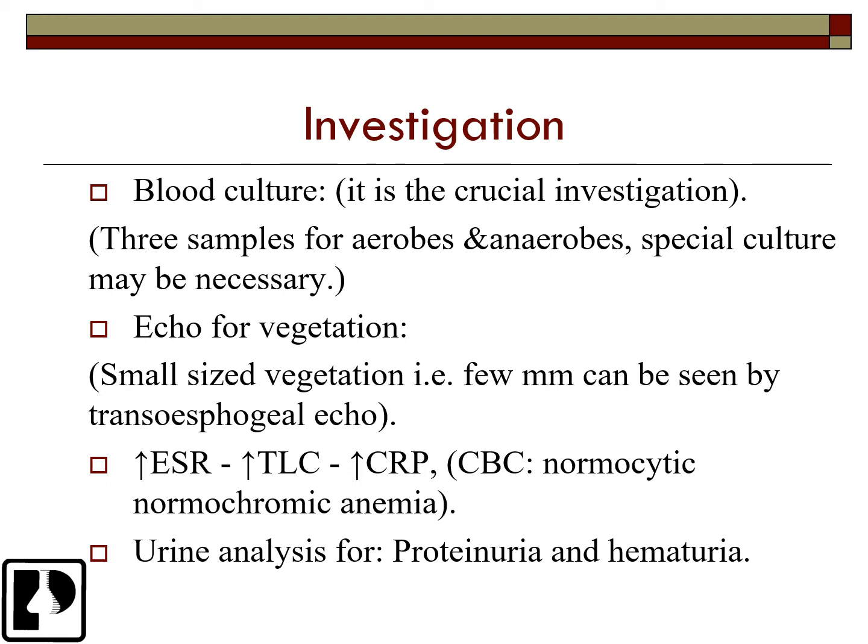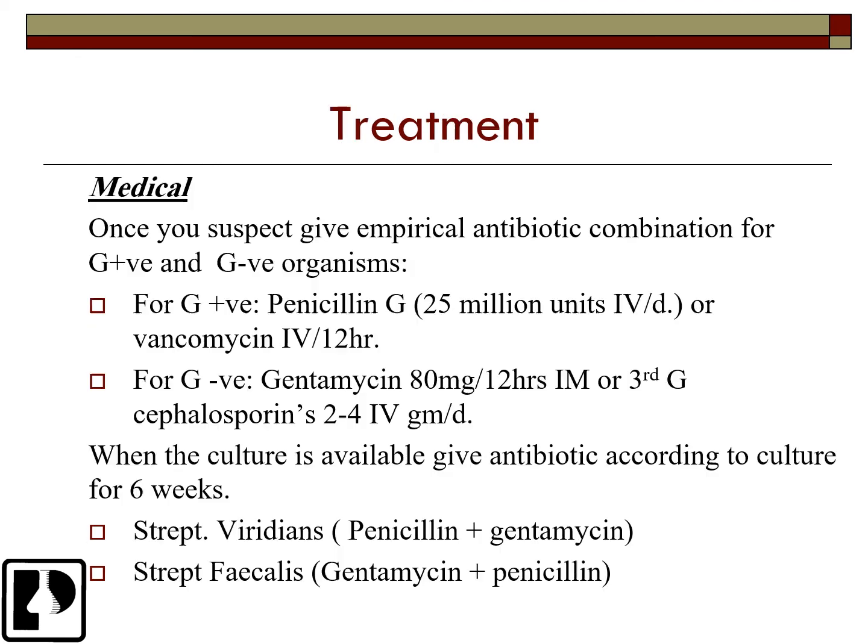Transesophageal echo is a procedure, similar to upper endoscopy, that introduces an ultrasound probe to see the heart through the esophagus. ESR is very high, total white cell count is very high, CRP is high, and CBC shows normochromic normocytic anemia. Sometimes urine analysis shows proteinuria and hematuria.